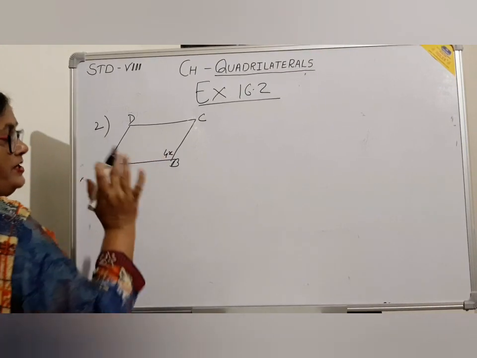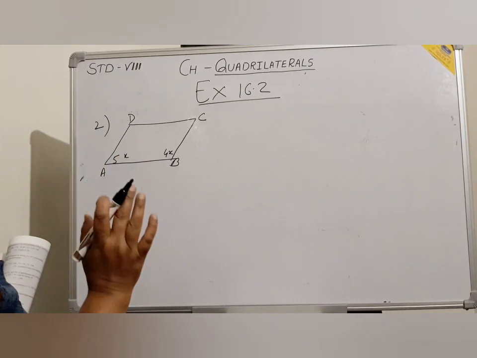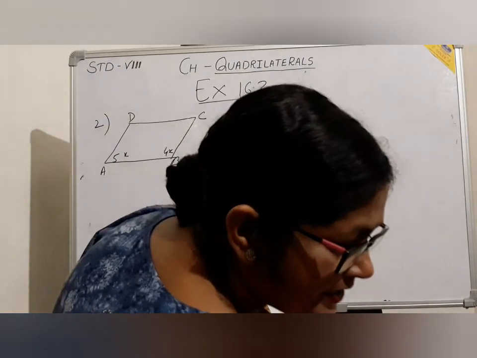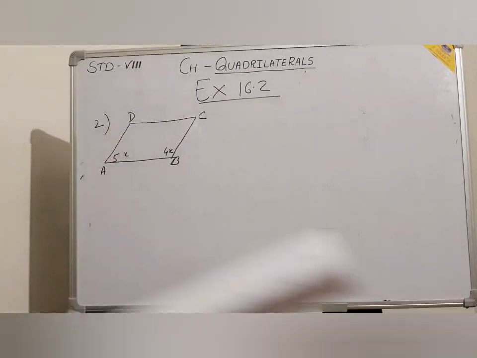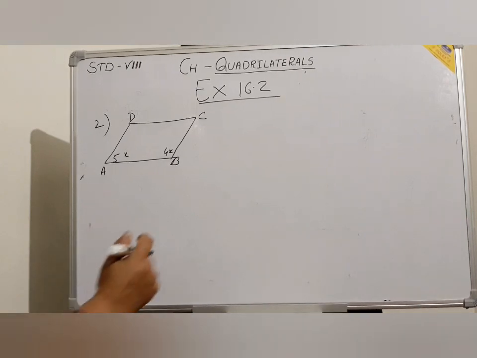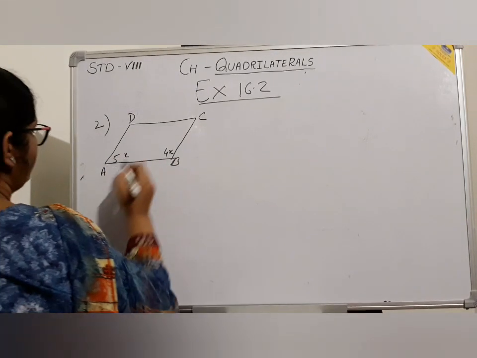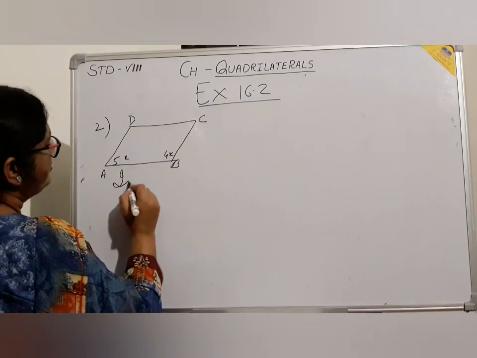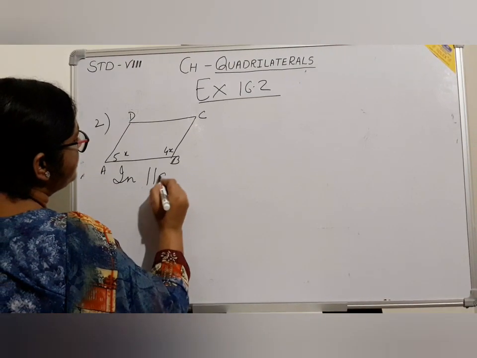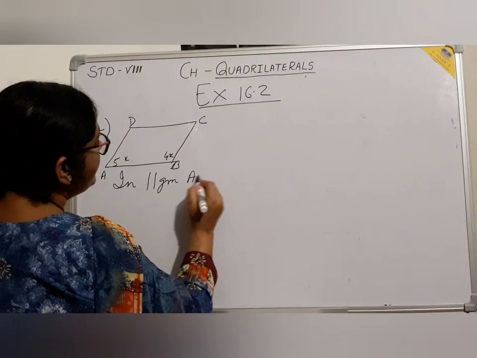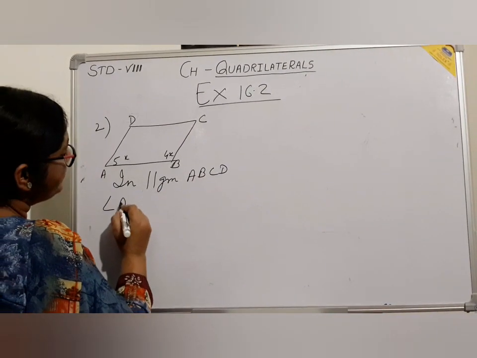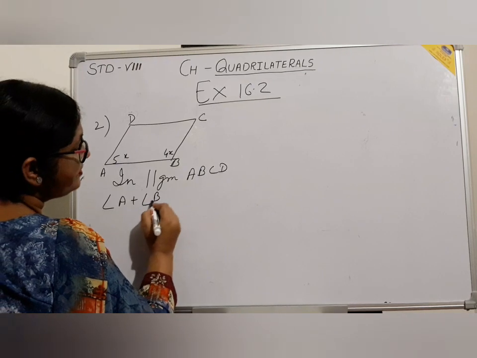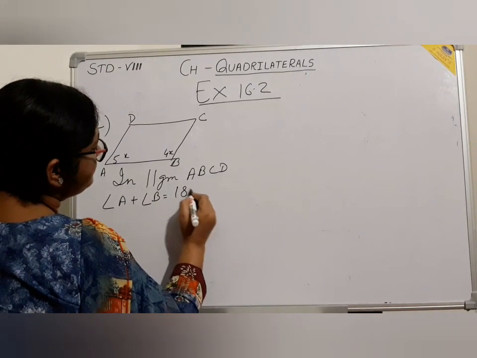Means A and B are in the ratio 5:4, means angle A is equal to 5x and B is equal to 4x. In parallelogram A, B, C, D, angle A plus angle B is equal to, yes students, 180 degrees.